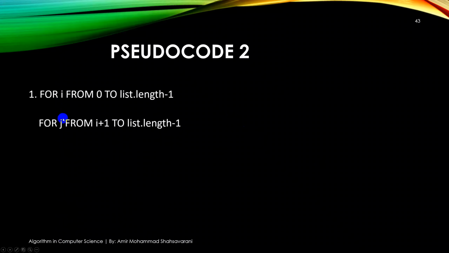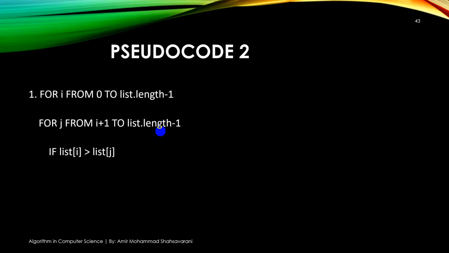For each item, for j from i plus 1 to list.length minus 1, we check if list[i] is greater than list[j].